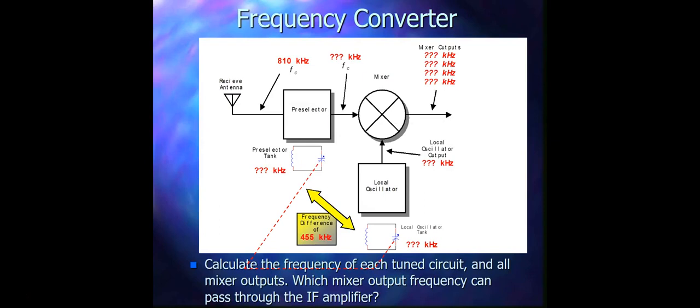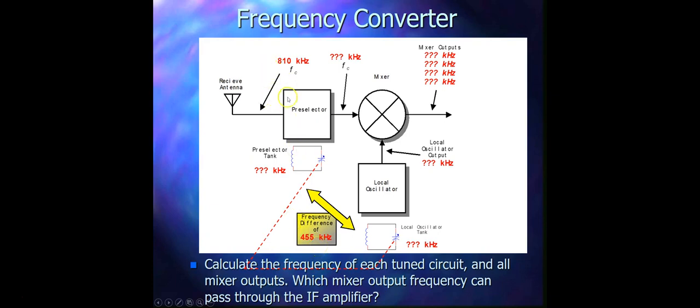Now this is another example. To calculate the frequency of each, you have to calculate the frequency of each tuned circuit and all mixer outputs. Which mixer output frequency can pass through the IF amplifier? So here the difference we want is 455 kilohertz, and this difference is mostly used by AM broadcast receivers, so we are going to use the same value here.